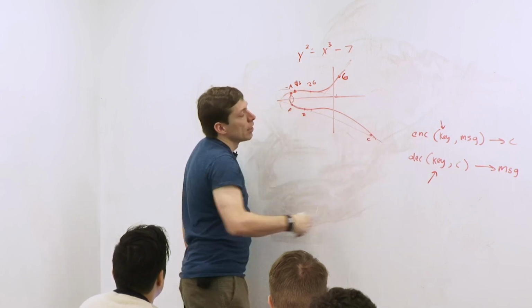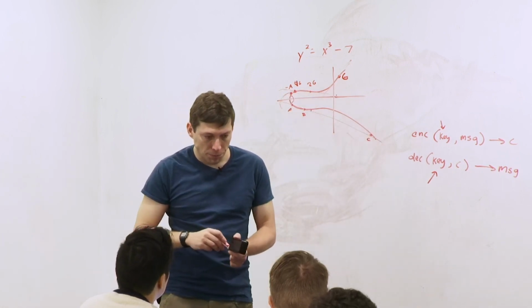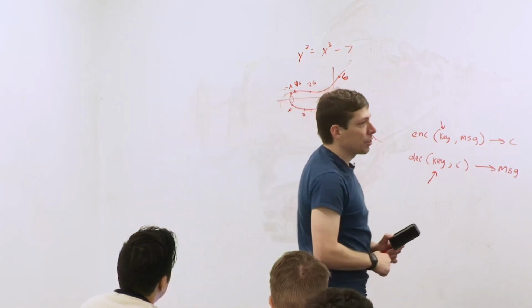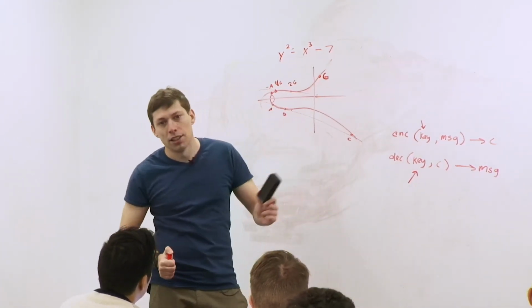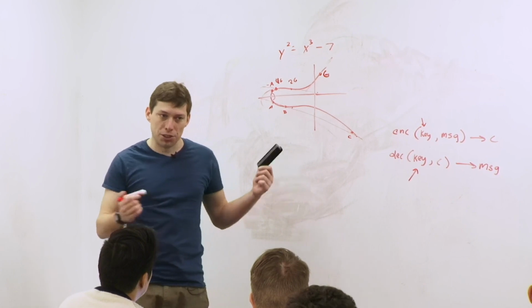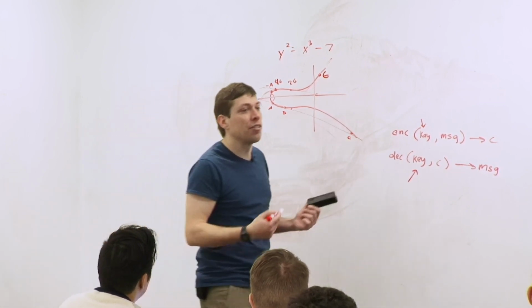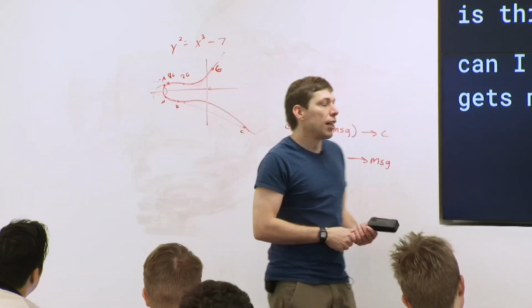This would be 8G. So you can keep adding to G, and you'll eventually cover the entire curve and get back to G. So that's why it's sort of a generator, because it lets you get to every point by just multiplying.